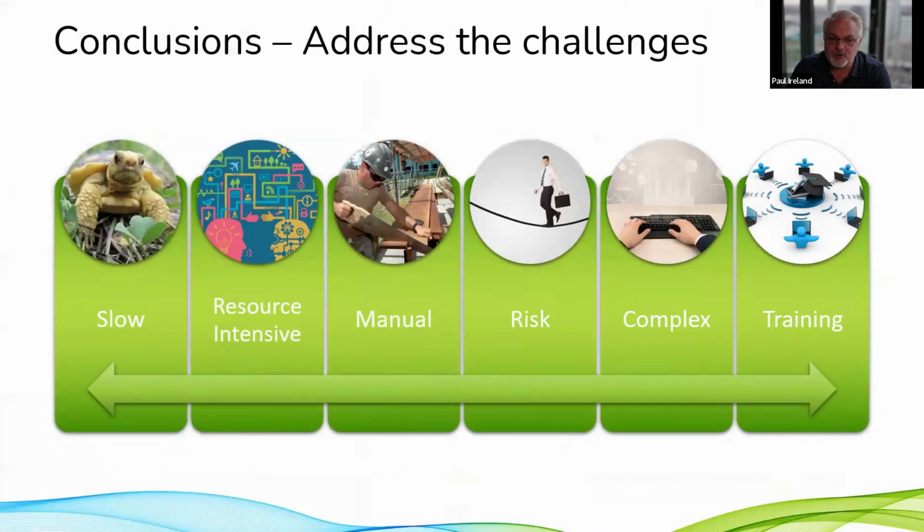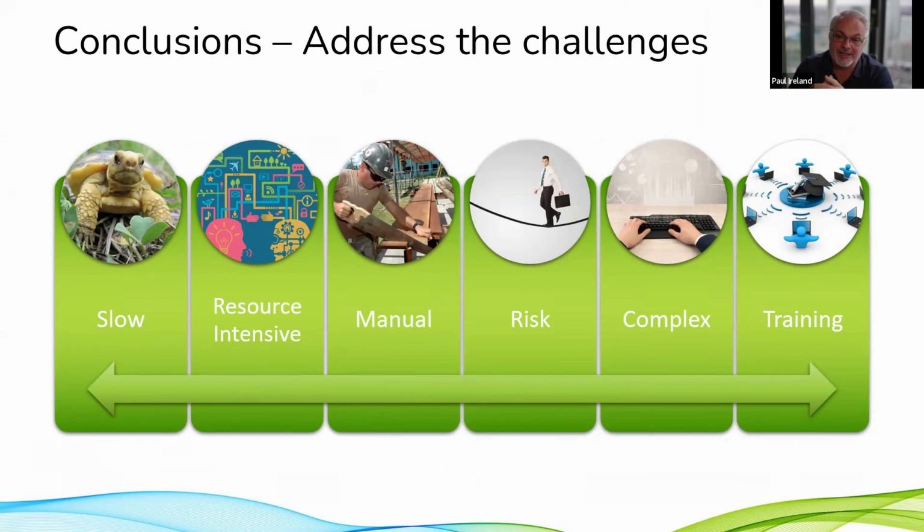Obviously, in terms of conclusions, Eric, briefly, just going back to those challenges. A lot of what we do really is aimed at targeting some of these challenges, really speeding up the entire process by removing these manual steps and the resource intensiveness of using manual tools to help you prepare your content, whether that's the individual content or the reports, whatever it may be. Because you're automating things, you're by default typically reducing the risk.